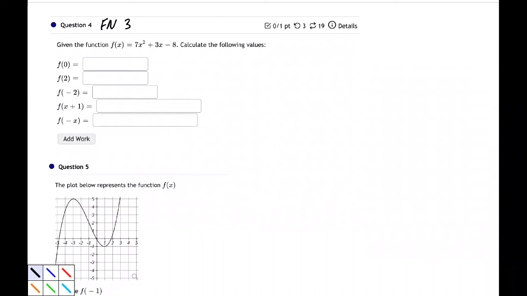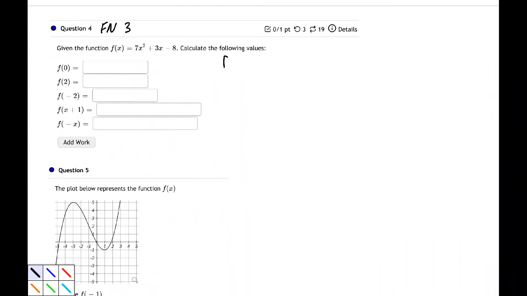We have the function f of x equals 7x squared plus 3x minus 8. And we want to find f of 0. So I'm going to come over here. F of 0 is going to be equal to, so to find f of 0, I'm going to replace every x value with 0. So I'm going to write down 7 times something squared plus 3 times something minus 8, and replace all those inside those parentheses, the something, with a 0.